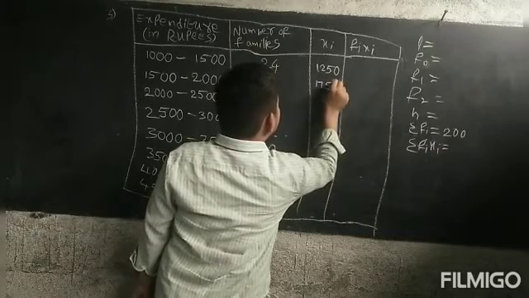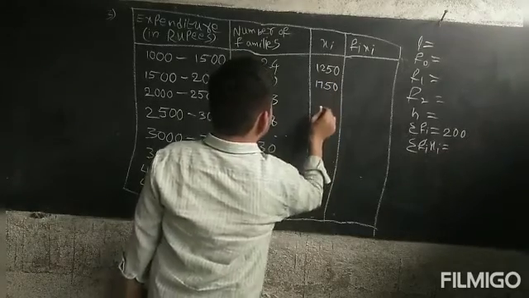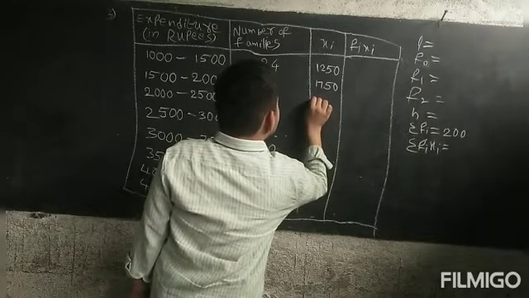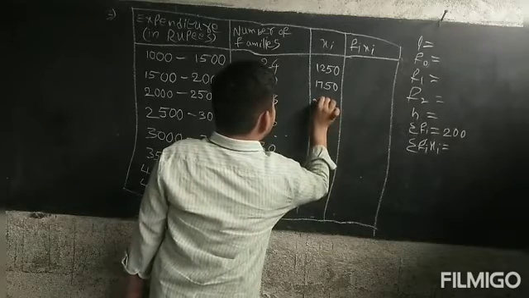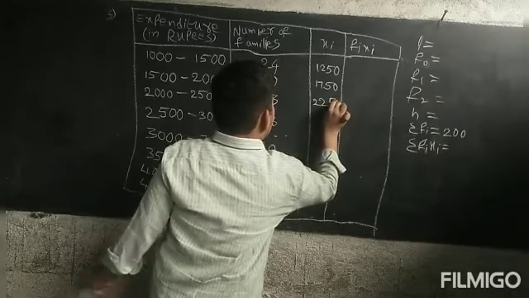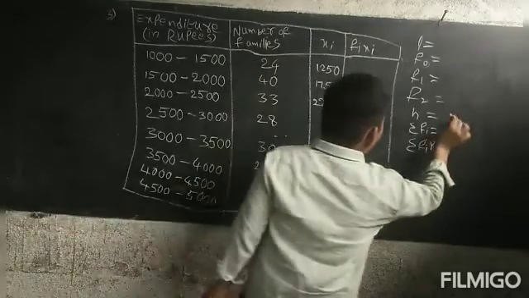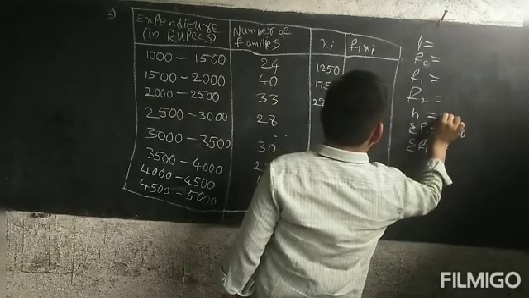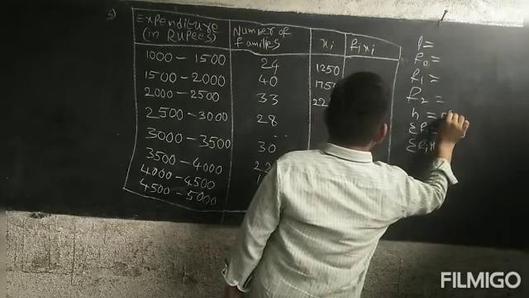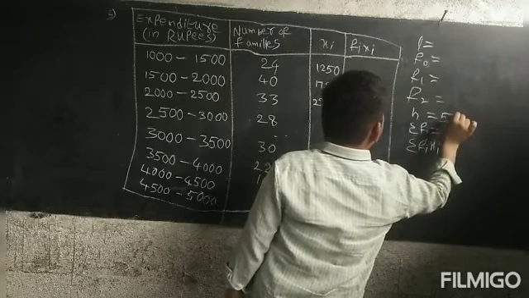Next is 2250. The height of the class is 500. So h equal to 500.